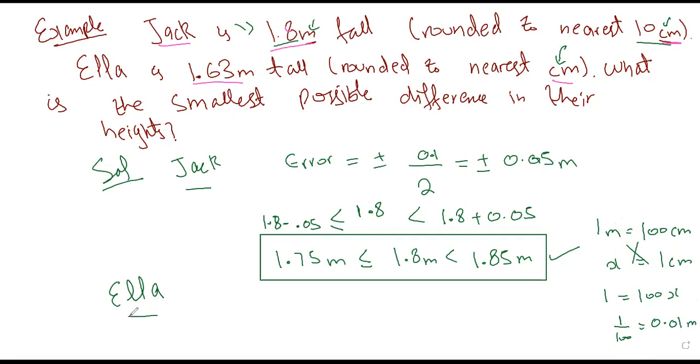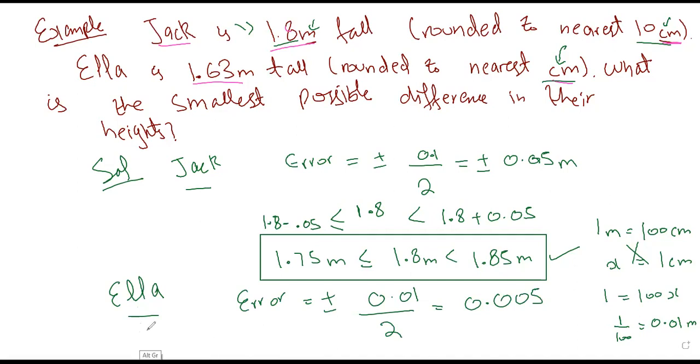Okay, now for Ella, the error would be plus minus, rounded to the nearest centimeter, that is 0.01 meters divided by 2. This is giving me 0.005.